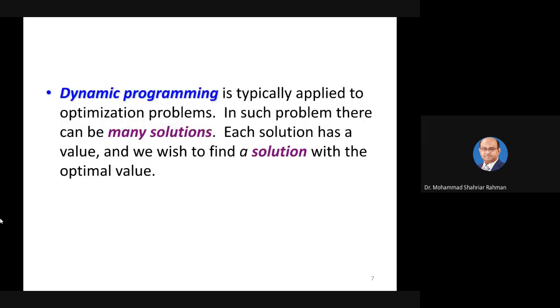So dynamic programming is typically applied to optimization problems, and in such problems there can be many solutions. However, each solution has a value, and we wish to find a solution with the optimal value.